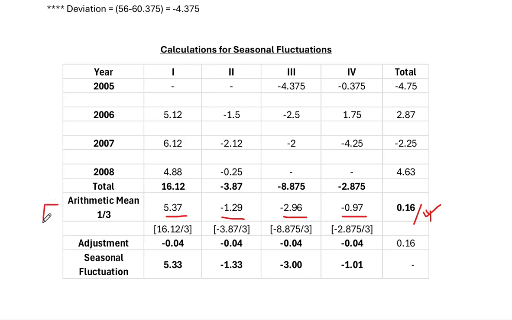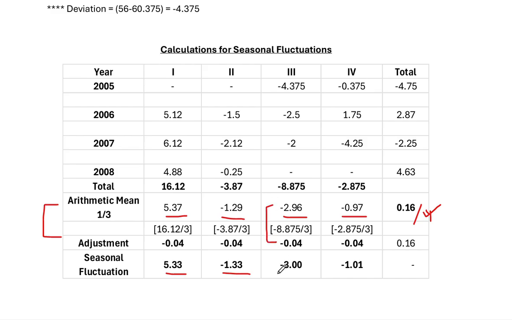Arithmetic mean minus adjustments. 5.37 minus 0.04. So fluctuation data will be 5.33. Minus 1.29 minus 0.04. Seasonal fluctuation value will be minus 1.33. Minus 2.96 minus 0.04.